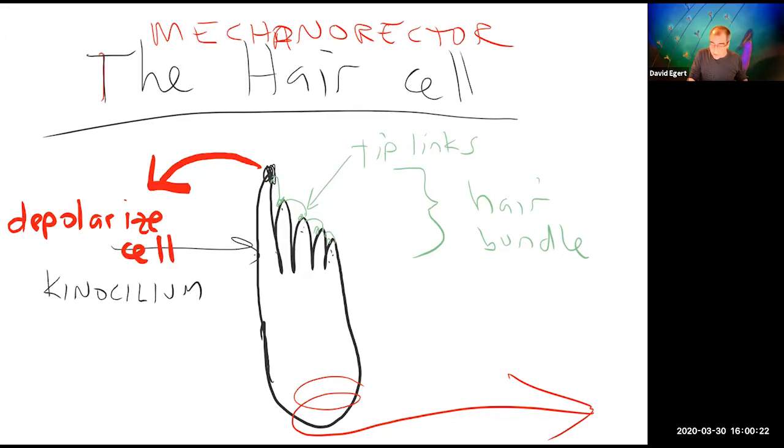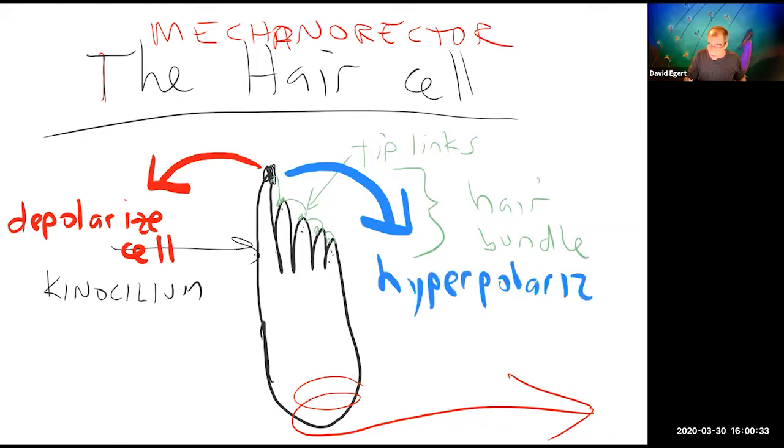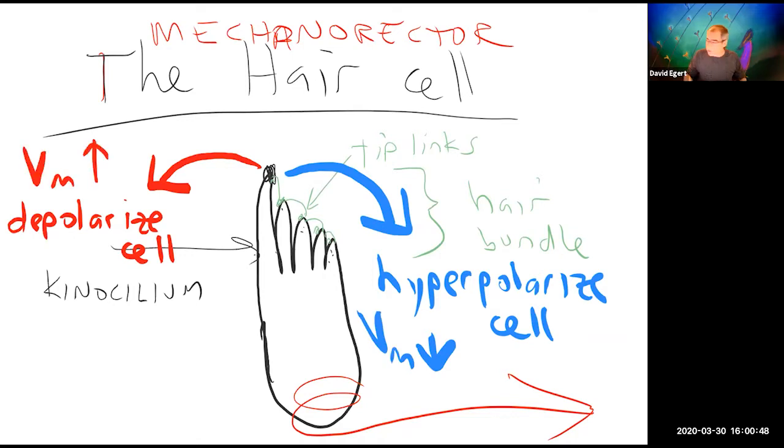If you bend the hair bundle away from the kinocilium, this will hyperpolarize the cell. So VM goes down. If you bend it the other way, VM is going up.